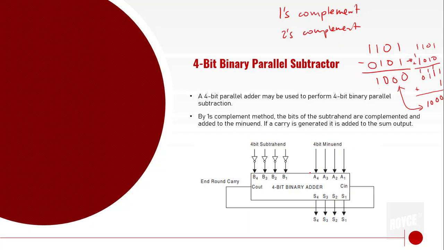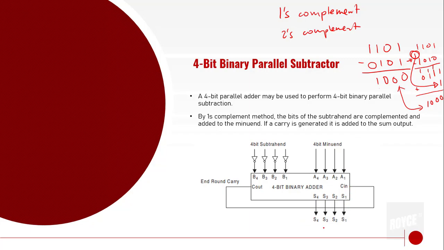Kaya mapapansin nyo dito, bakit yung subtrahend naka-inverter lahat? Kasi that is ones complement. Bakit yung output carry ibinalik sa carry input? Ito na yon. Di ba may output carry tayo? Ibinalik natin dito sa carry input para mag-add siya dun sa 0111.